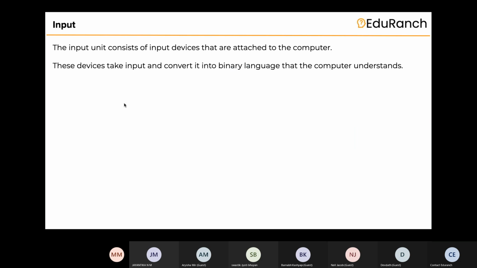Now let's start with a brief understanding of input. The input unit consists of input devices attached to a computer. They take input commands or instructions from humans or from other computers, and give them to the CPU for processing.